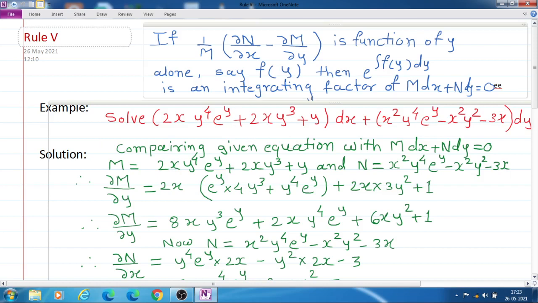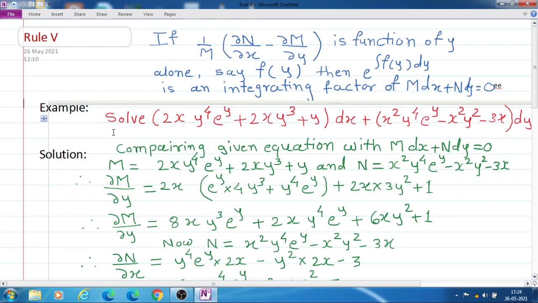So if this happens, then we have the integrating factor as e raised to the integration of that function f of y. So we see an example of how we can solve by using this rule 5.